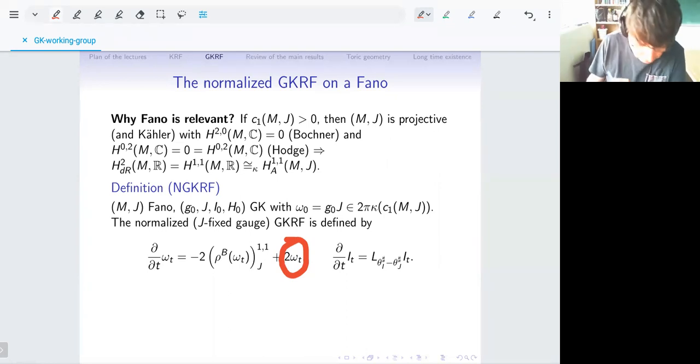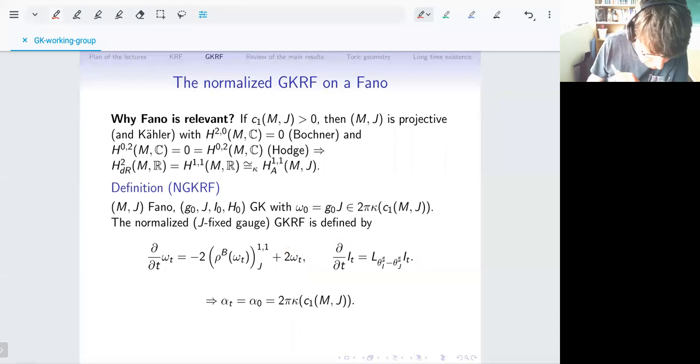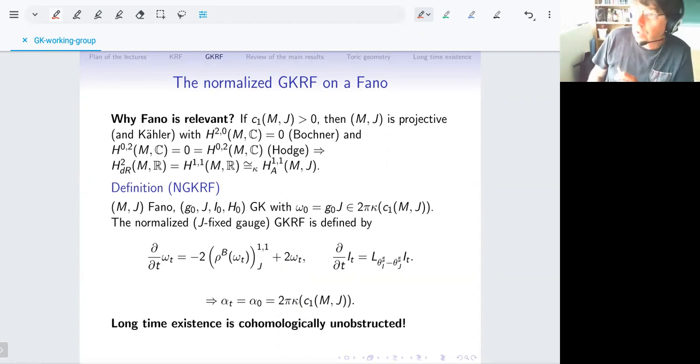We can see that immediately, and therefore you can look at what's going on in the Aeppli classes. We already saw, but the same thing will be true at the level of the de Rham classes, because kappa is an isomorphism. So in particular, in this case, there will be no obstruction to long time existence.